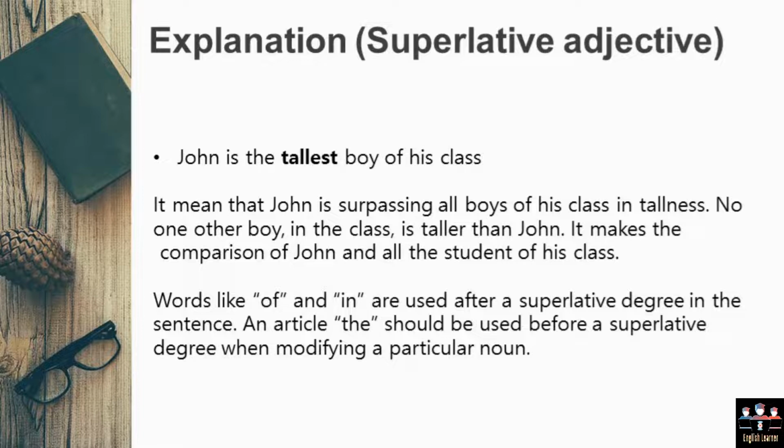No other boy in the class is taller than John. It makes the comparison of John and all the students of his class. Words like "of" and "in" are used after a superlative degree in the sentence. The article "the" should be used before a superlative degree when it modifies a particular noun.